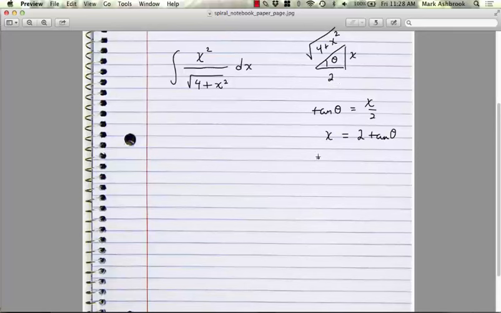Adjacent and hypotenuse is cosine. So we want cosine theta equals 2 over the square root of 4 plus x squared, so therefore the square root of 4 plus x squared equals 2 over cosine theta.